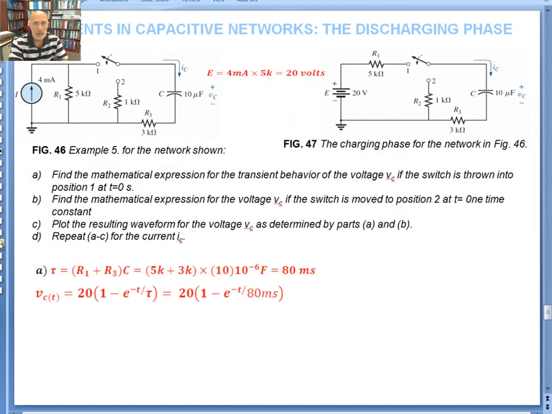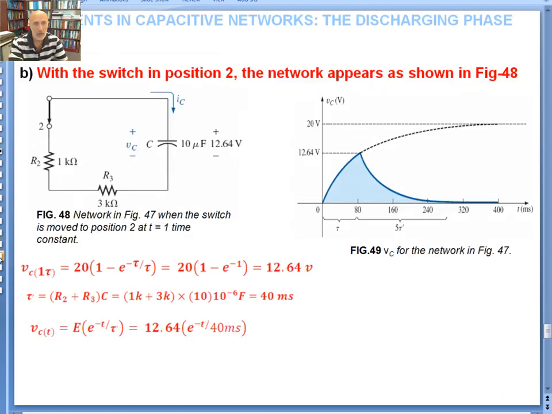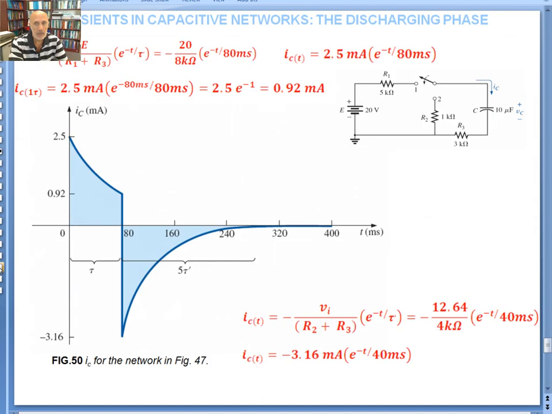And then it says plot the resulting waveform for the voltage as determined in parts A to C. Repeat the same thing for the current I sub C. So for the current, this is what happened initially. The voltage was 20 volts, but the time constant resistance was 5 and 3, which is 8 kilo ohms.